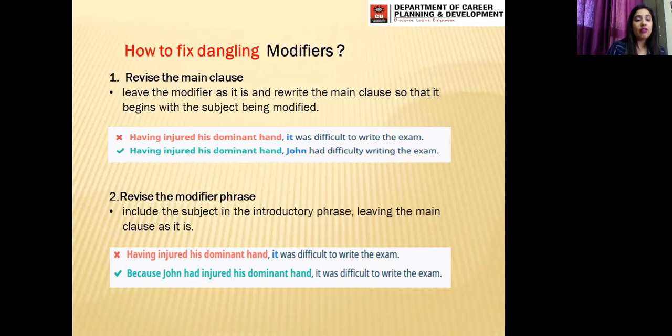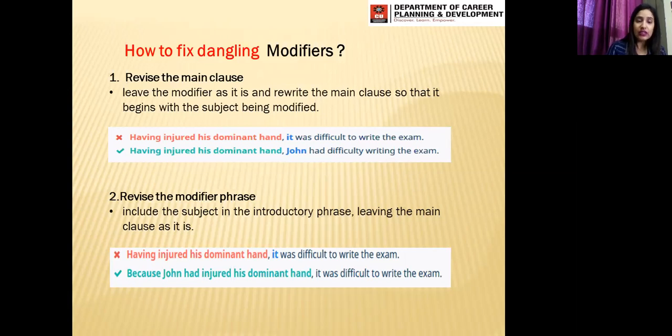Now, what we are going to do is leave the modifier part as it is, and just rewrite the main clause so that it makes more sense and becomes a corrected sentence. In the example, you can see, "Having injured his dominant hand, it was difficult to write the exam."